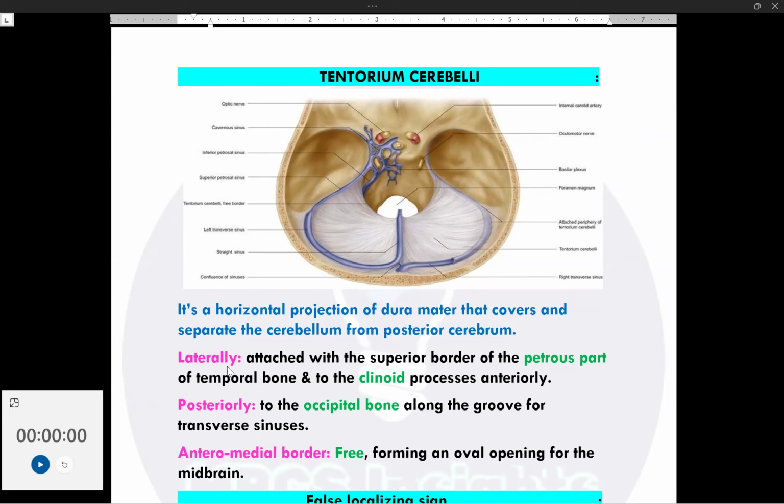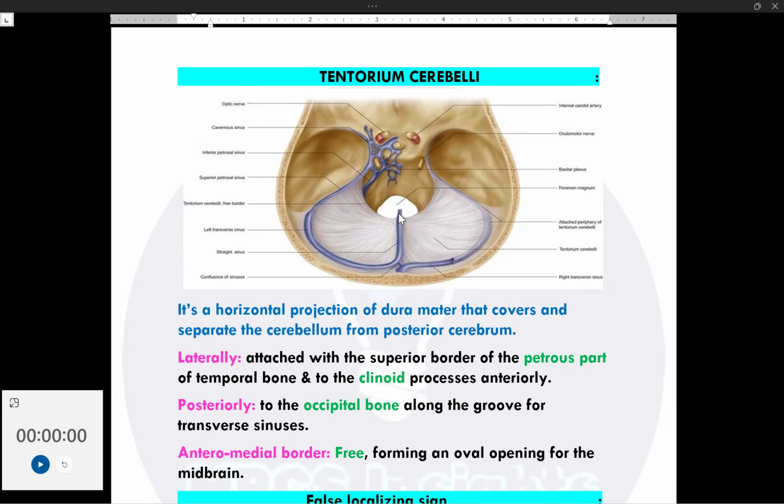Laterally this is attached with the superior border of the petrous part of the temporal bone and anteriorly with the clinoid process. Posteriorly, it is attached with the occipital bone along the groove for the transverse sinus.